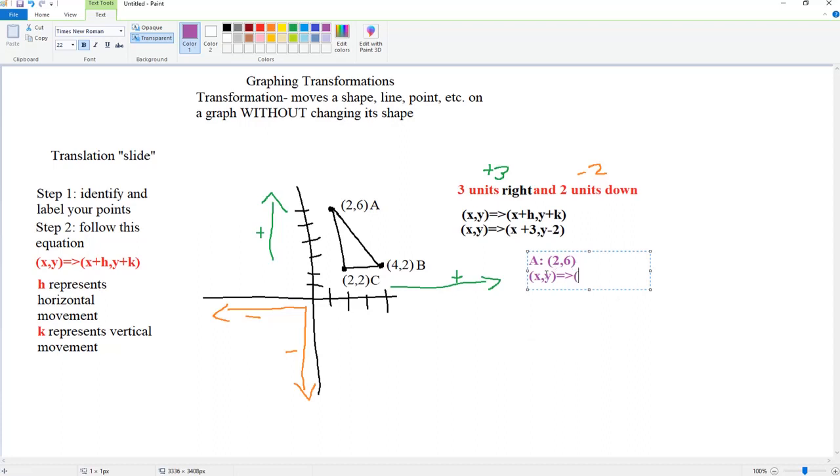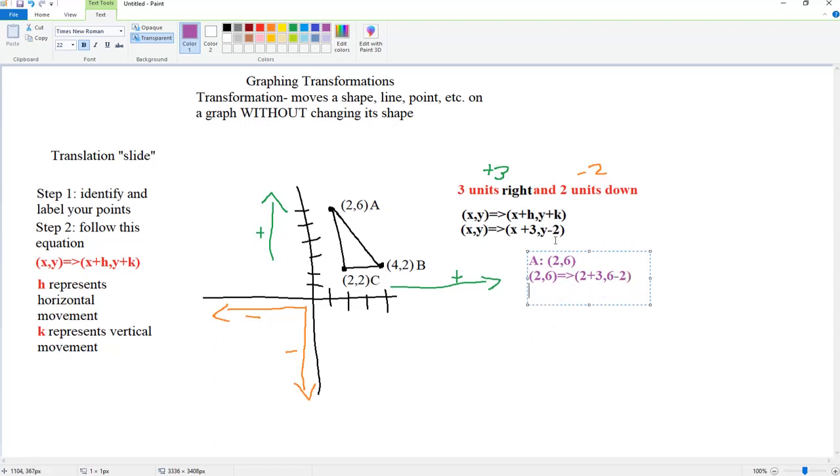Actually, you can do it even before if you want to. 2, 6, so instead of x you put 2, and then you know that your equation is supposed to be plus 3, so plus 3. And then 2 plus 3, and then your y is 6, so 6 minus 2.